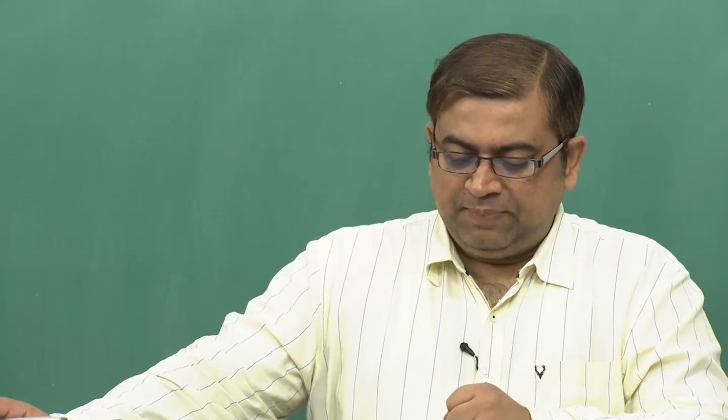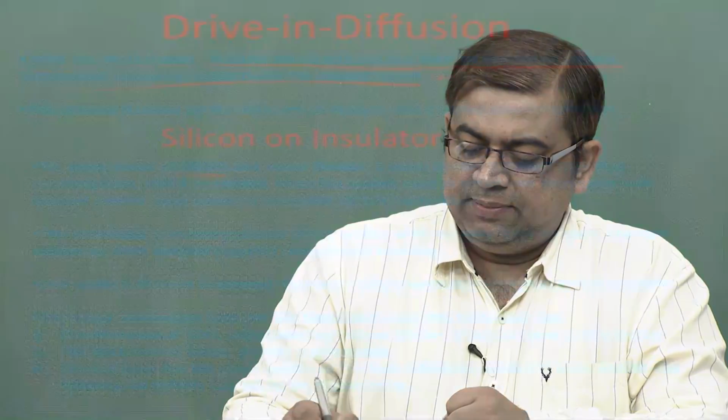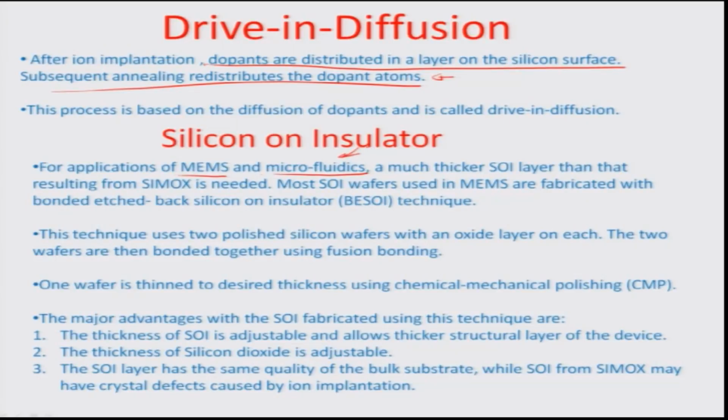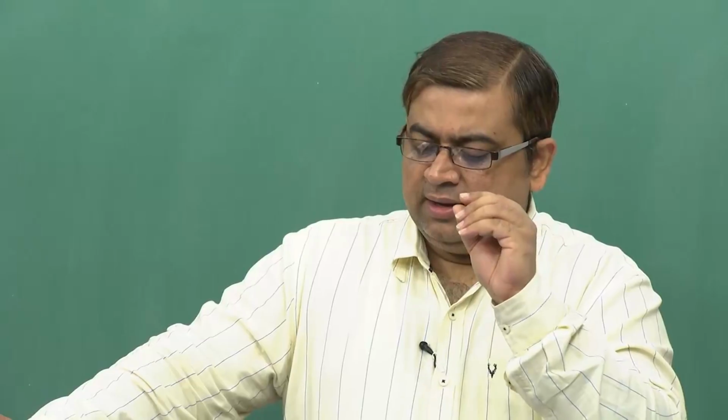So for applications of MEMS, and particularly this new area of microfluidics, a much thicker SOI layer than that resulting from the CMOS is needed. So most SOI wafers, or silicon on insulator wafers, used in MEMS are fabricated with bonded etchback techniques, where there are two silicon on insulator wafers bonded back to back, and that results in a relatively higher thickness of the handle layer.